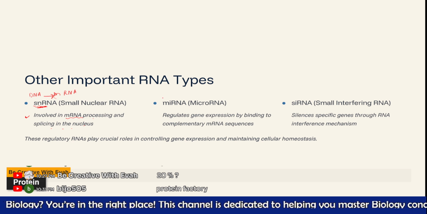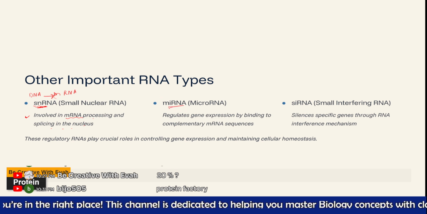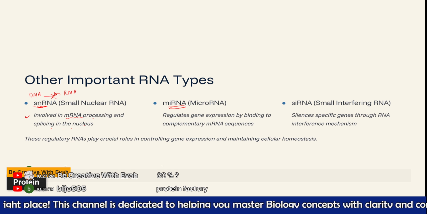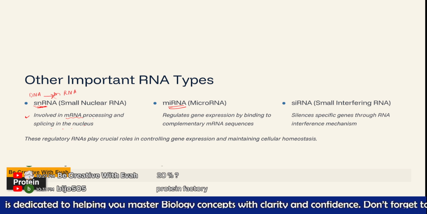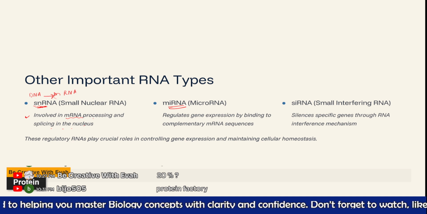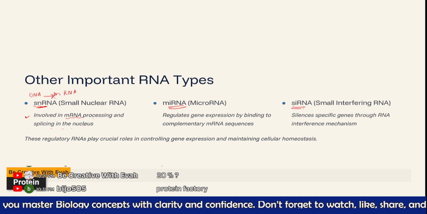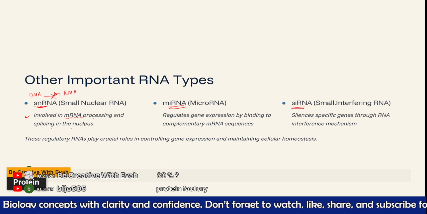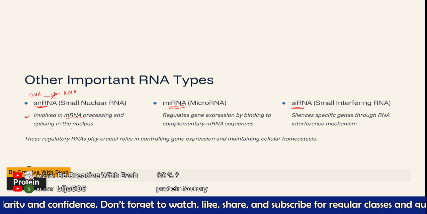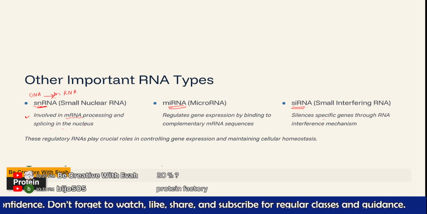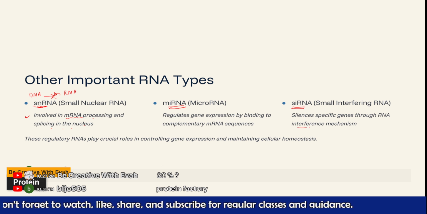There is another RNA called microRNA. MicroRNA regulates gene expression. Gene expression will be regulated by microRNA, and there is also siRNA, the small interfering RNA. Next year, in the biotechnology part, you will study RNA interference.